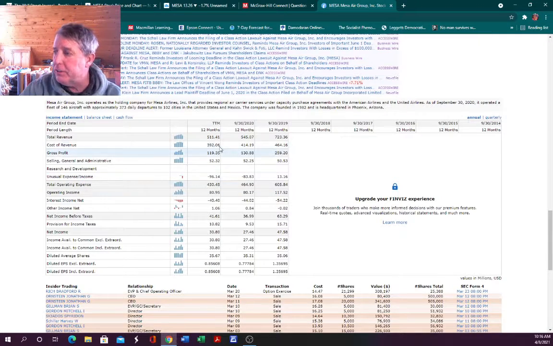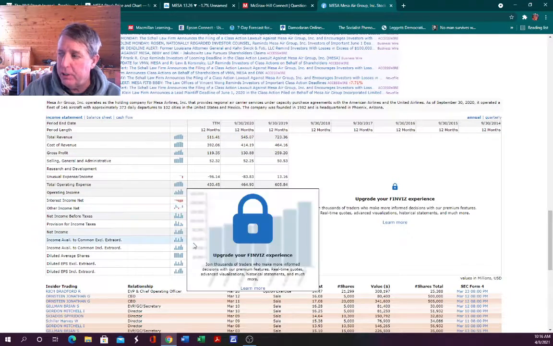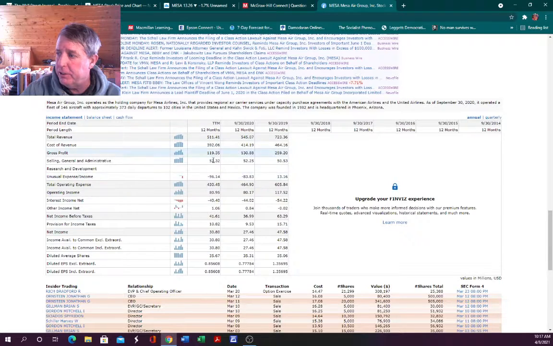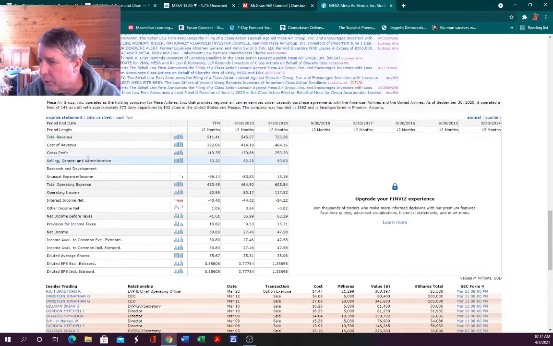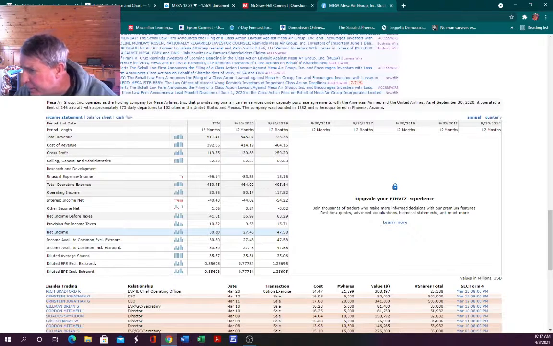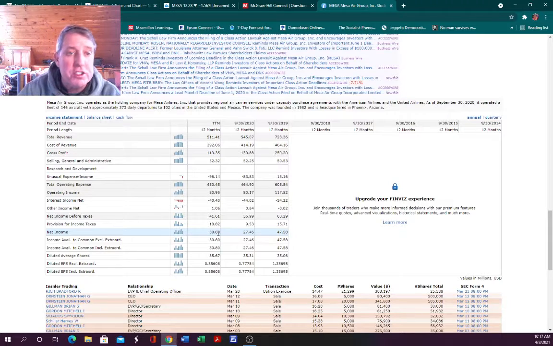And you can look at these numbers live, as they come out. This software has conglomerated them here, so I can look at their total revenue, their gross profit, things we're learning right now. Down here is net income, 30 million. This is in millions or thousands, I think. Yeah, so they made $30 million despite the horrendous black swan event of COVID.